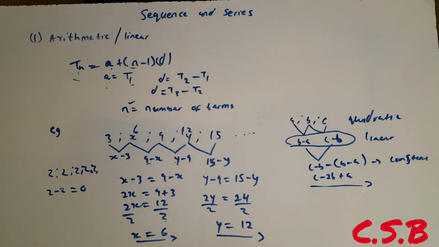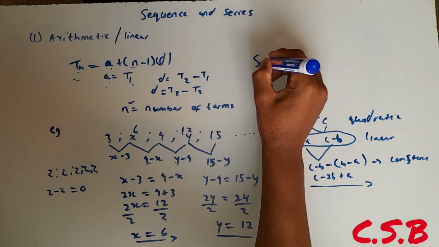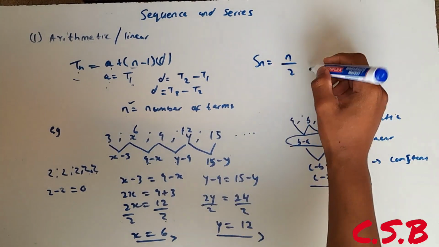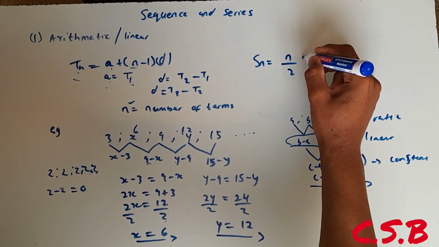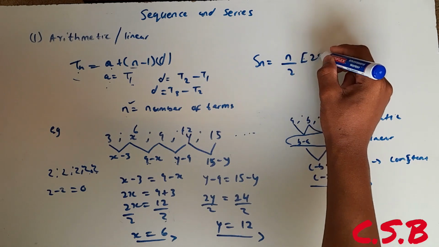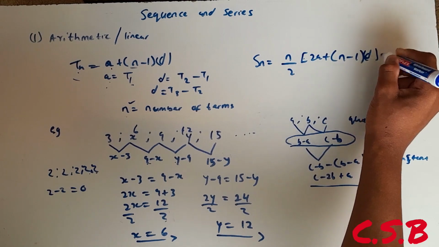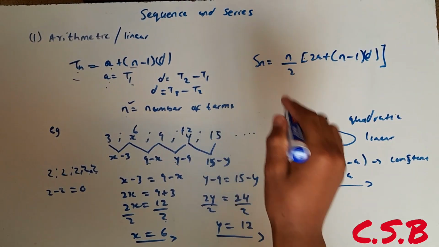There is a formula for the sum of the arithmetic sequence. Sn is equal to n over 2 into 2a plus (n minus 1) d. We already know the variables.